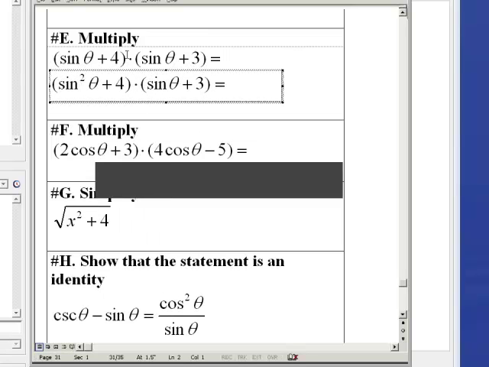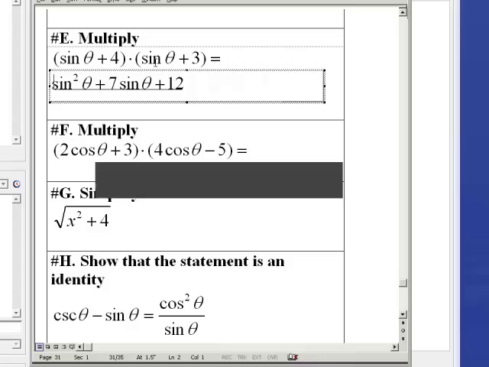Sine squared plus 4 sine plus another 3 sine, so plus 7 sine theta plus 12. That was simply, was it FOIL or factoring? Oh, it's FOILing. There we go. And you can check that it is correct.